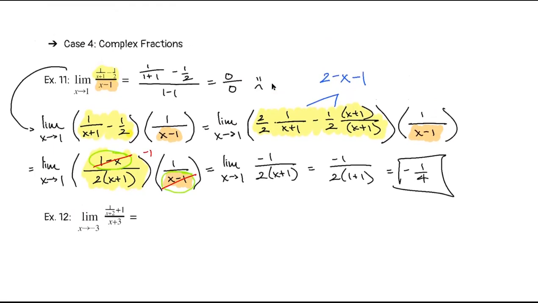So a step that we showed in the other problem was when we had something like 1 minus x, we can think about what happens if we factor out a negative 1. Okay, so what am I left with if I factor out a negative 1?